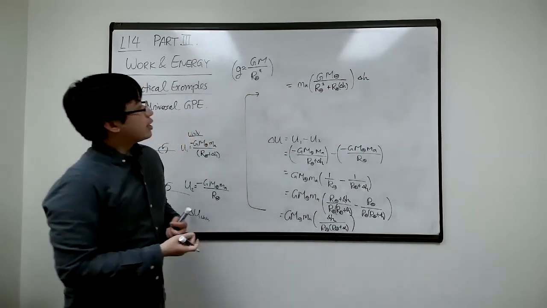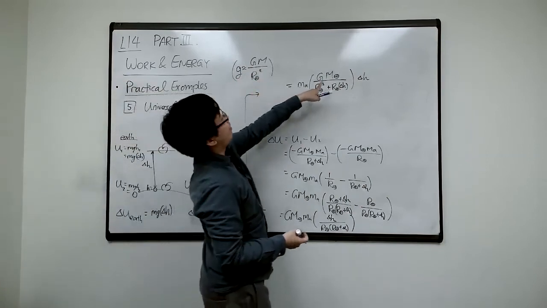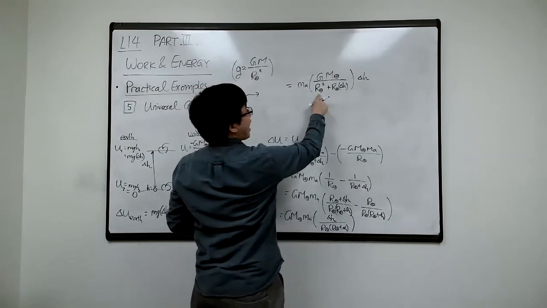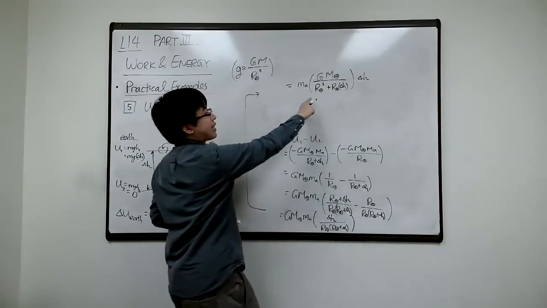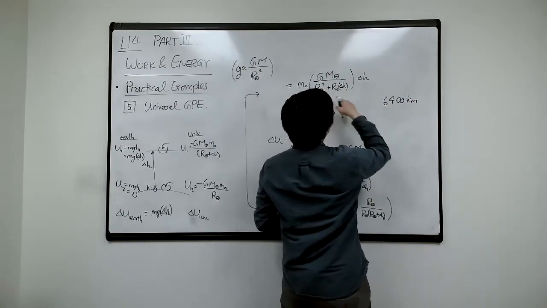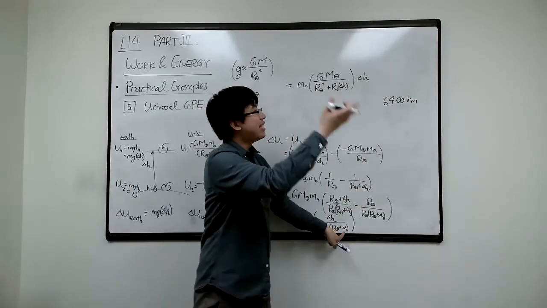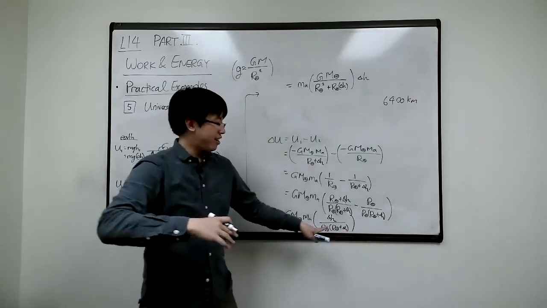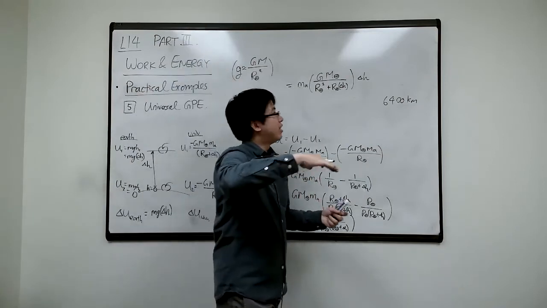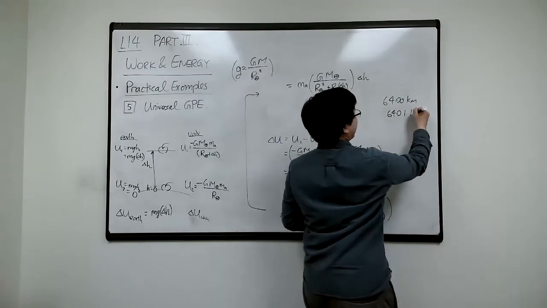Okay, now G M over R squared is roughly g. Can you see it's very close to this? Now, what's delta H? This R squared is going to be so much larger, 6,400 kilometers squared. Even if you are a kilometer high, that's almost a mile high, you're not going to change this number that much.